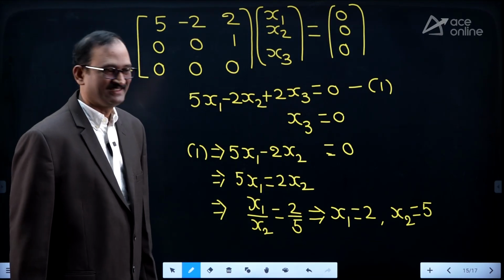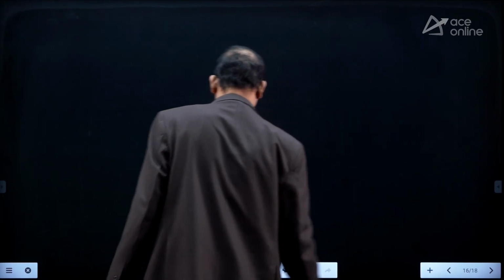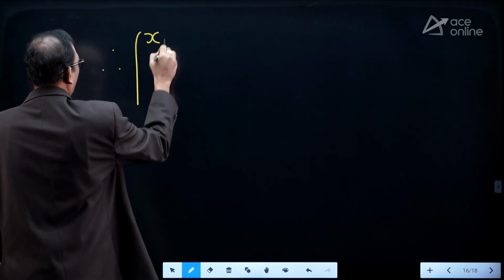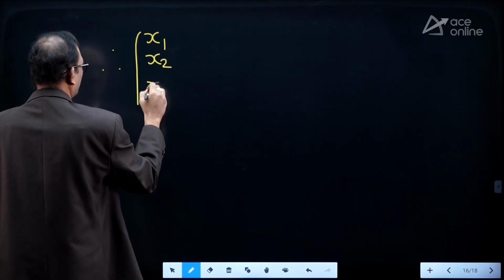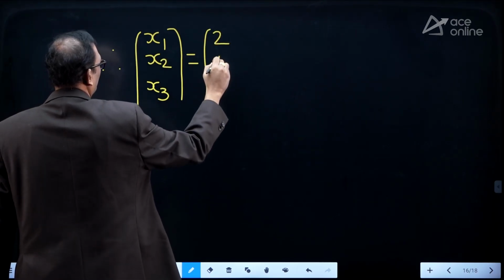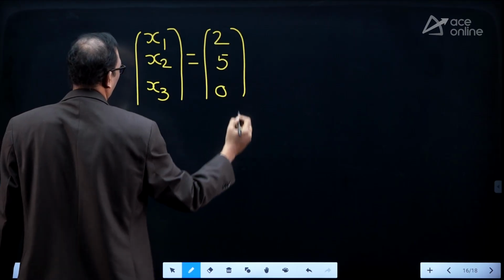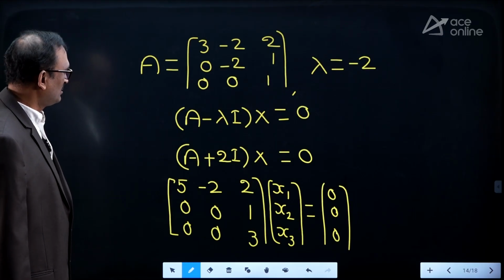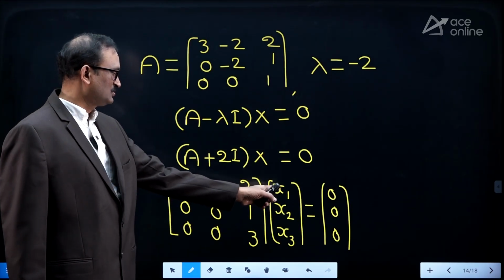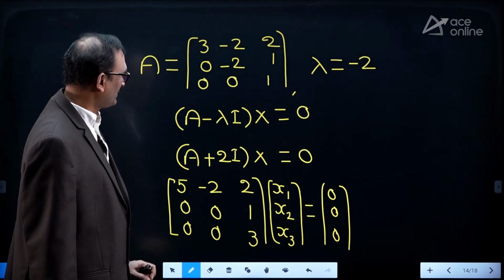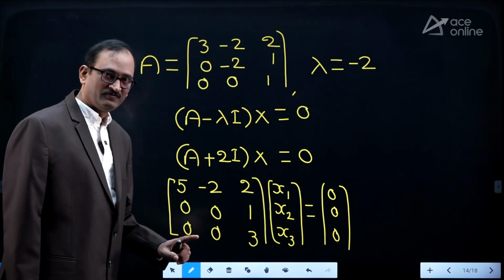That's an eigenvector. Therefore, the eigenvector corresponding to the eigenvalue, x1, x2, x3, has values 2, 5, 0. So if the eigenvalue is given, this is the way we have to find the eigenvector.